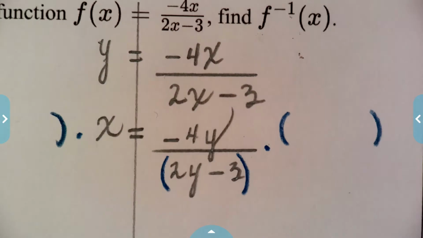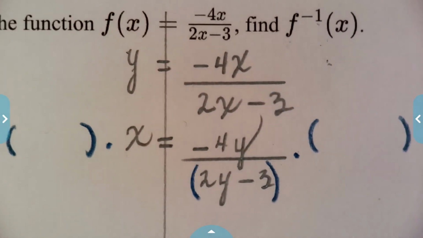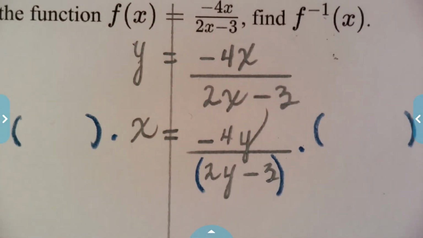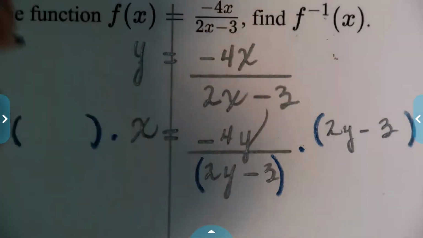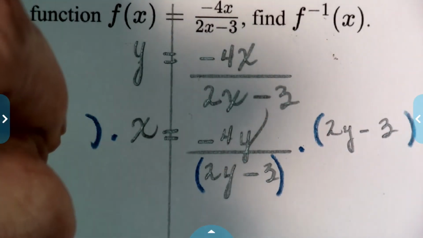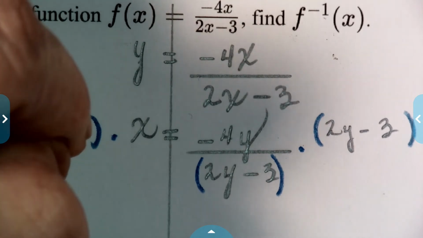So I'm creating the framework. You see that? So what do you think I'm going to put in those open parentheses? I'm just going to put 2y minus 3.